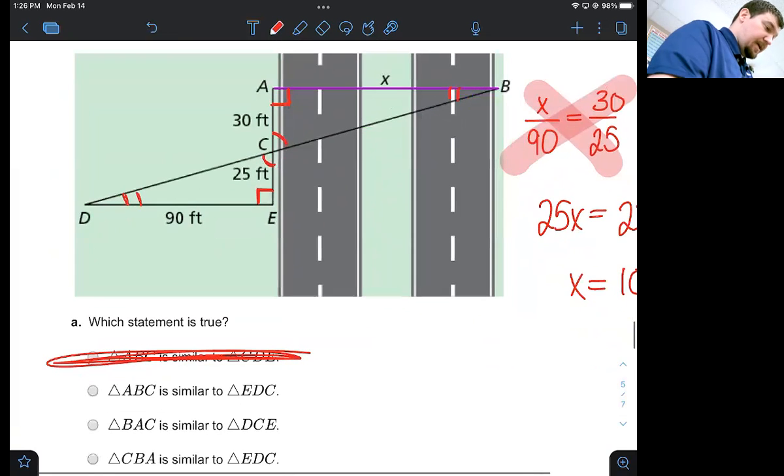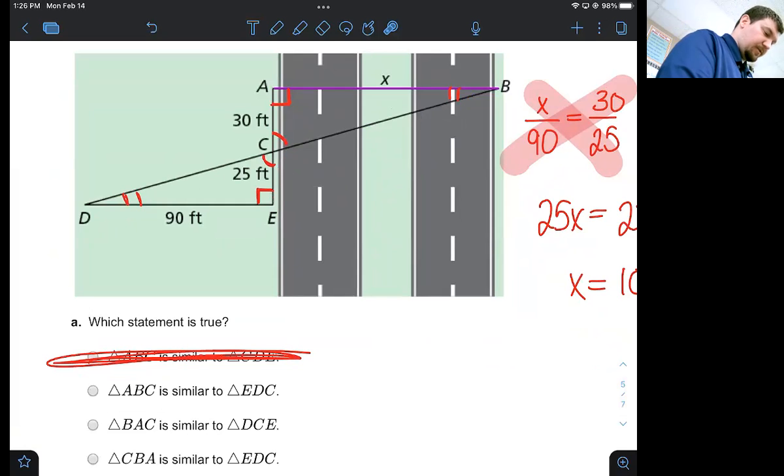Now ABC, you could say, let's see, E to C to E, where's my point? There we go. E to C to D. No, E to D to C. Yes. I keep looking at the one below it. And that's not going to work either, because ABC goes from the right angle to the 2-tick to the 1-tick.